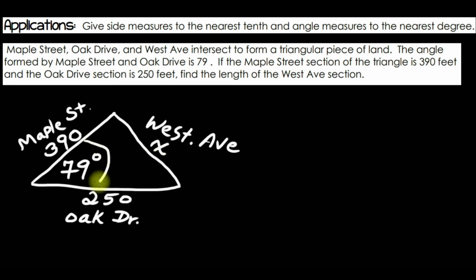So according to this triangle, as you can see, you're given a side, that's the Maple Street, an angle, and then a side, which is the Oak Drive. So you have side, angle, side. Therefore, you can use the law of cosines to come up with the missing side, which is the West Avenue.